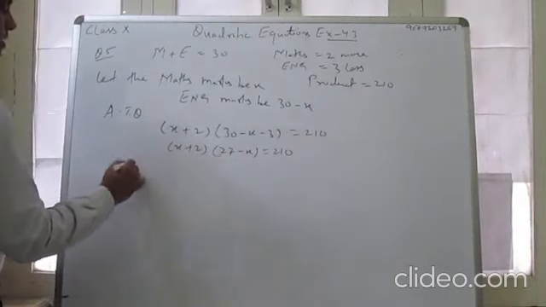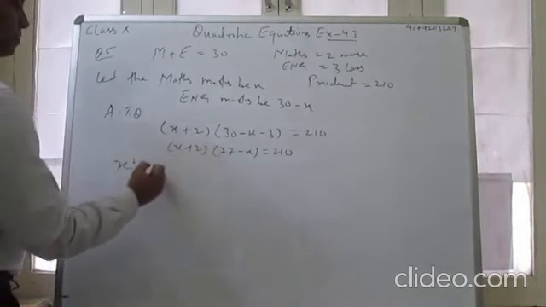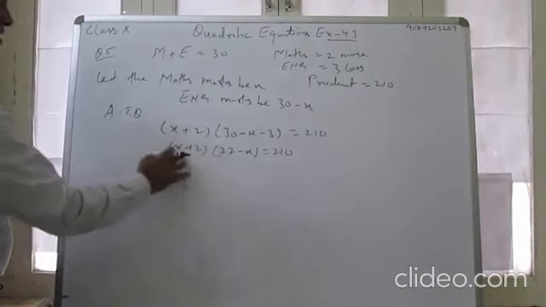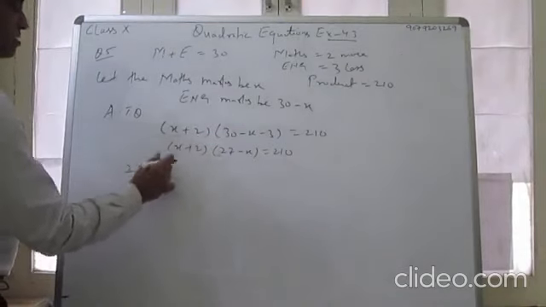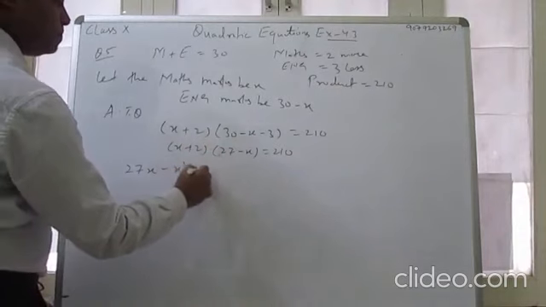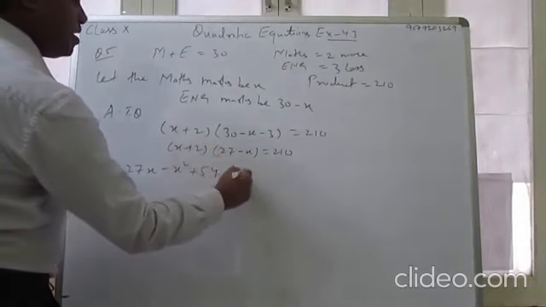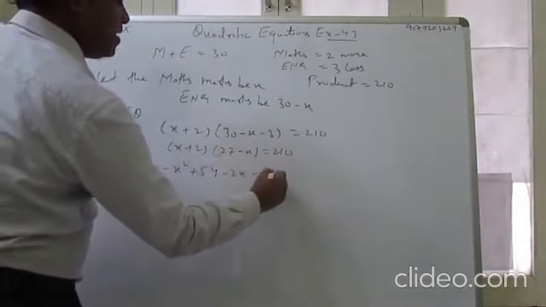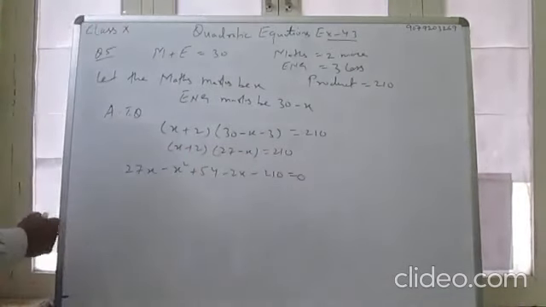Multiplying it out, we get 27x minus x square plus 54 minus 2x. Bring 210 to this side: minus 210 is equal to 0.